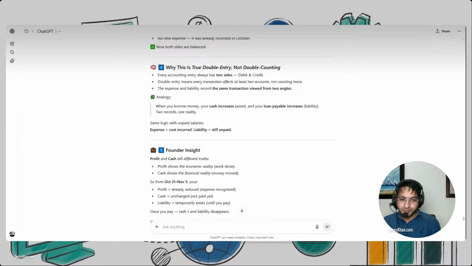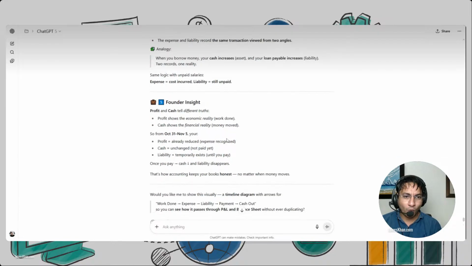Founder insight. Profit and cash tell different truths. Profit shows the economic reality. Okay, work done. Cash shows the financial reality.